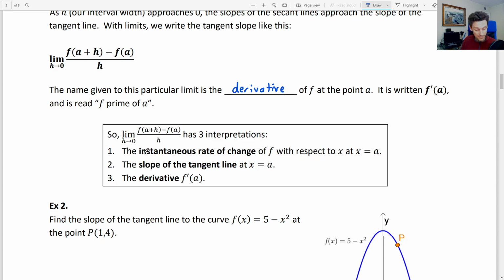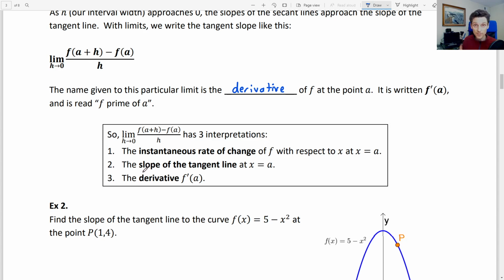One is that this is computing the instantaneous rate of change of f with respect to x at x equals a. This is like on the first page of the notes, where we looked at the shrinking time interval and looked at the average speeds, thinking about what those average speeds are approaching. They're approaching the instantaneous speed, or in general, the instantaneous rate of change of a function.